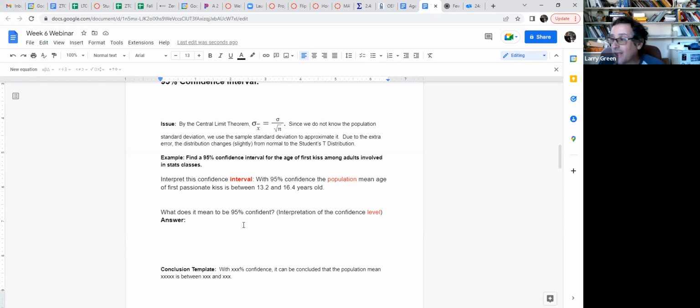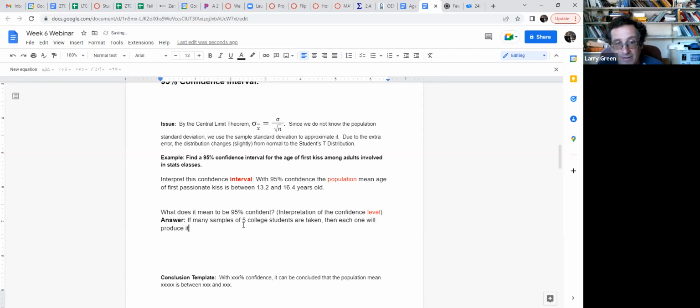If many samples of 5 college students are taken, then each one will produce its own confidence interval. So if I asked a different 5 people, I'm going to get different answers, and I'll get a different confidence interval.